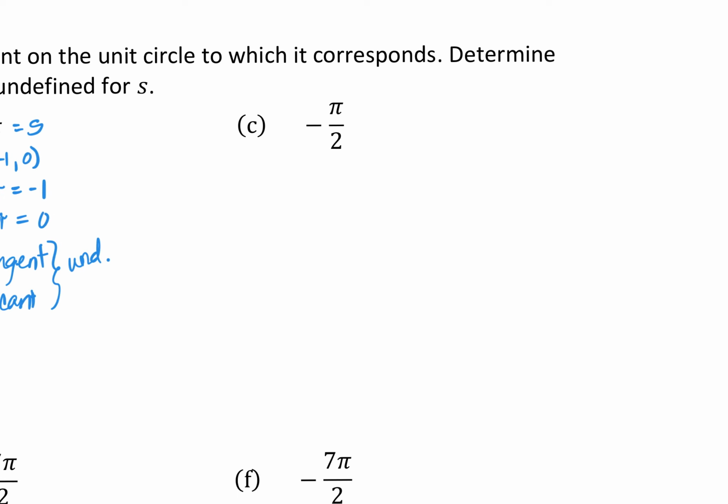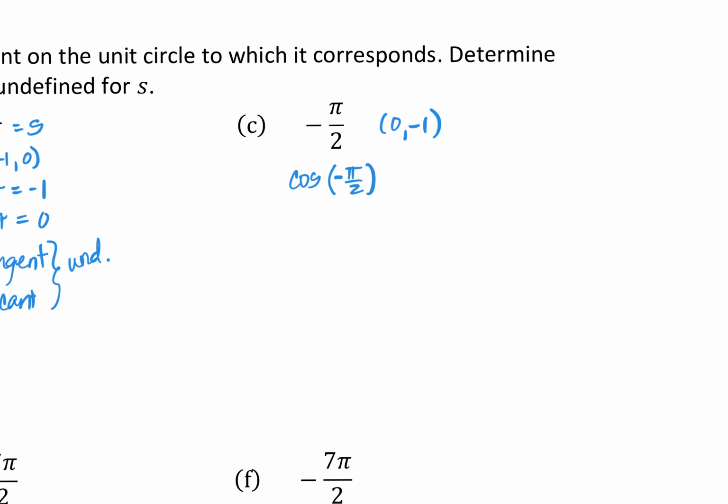C, we have negative pi over 2. So we're going to go in the negative direction, and negative pi over 2 corresponds to the positive 3 pi over 2. That would correspond to the point (0, -1). So our cosine of, and now when we have negative values that we're putting into our trig functions, we always use parentheses because otherwise it would look like cosine minus pi over 2, but it's cosine of negative pi over 2.